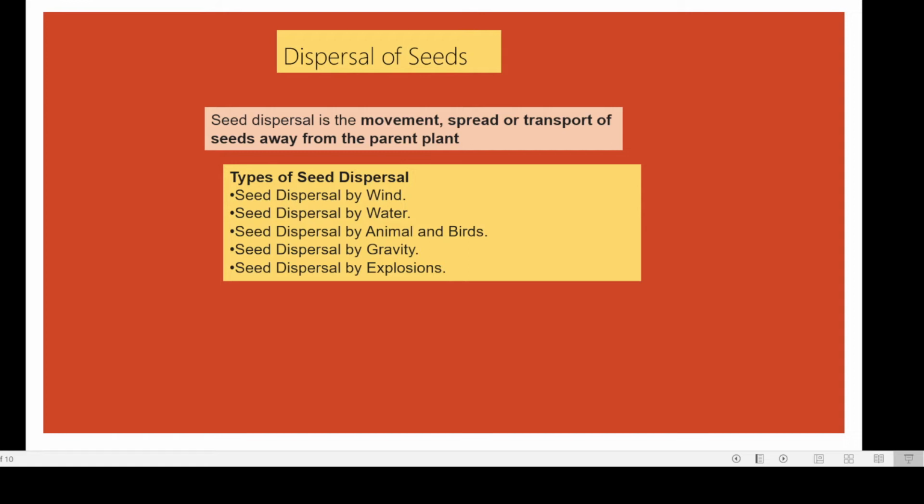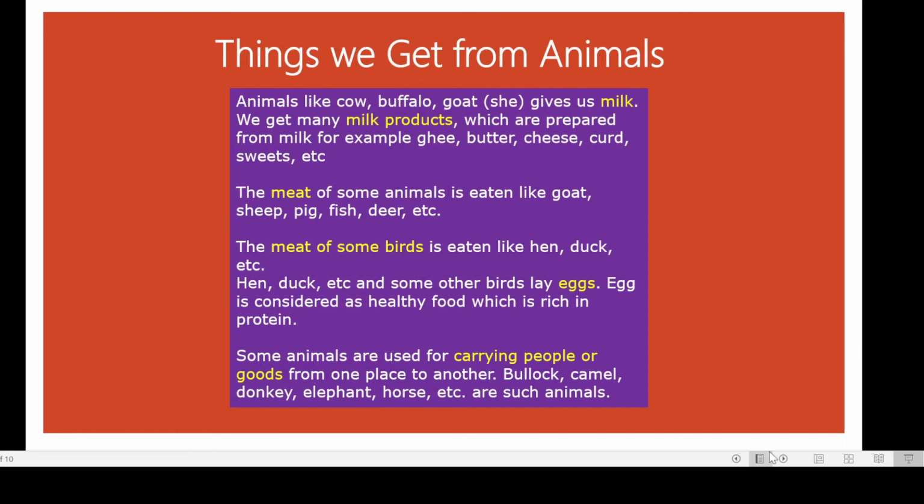Animals and birds eat various fruits and suck the nectar of flowers, and thereby carry seeds from one plant to another area. Next is gravity, through which seed dispersal is done. And when any explosion happens, then also seed dispersal takes place.